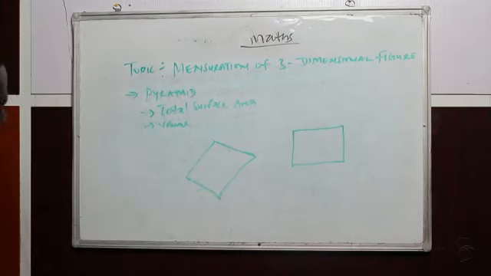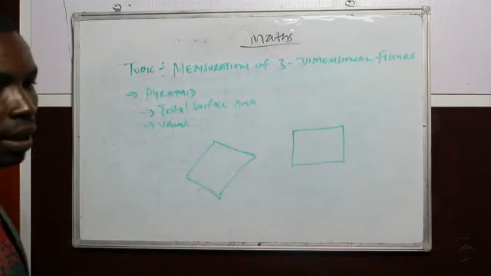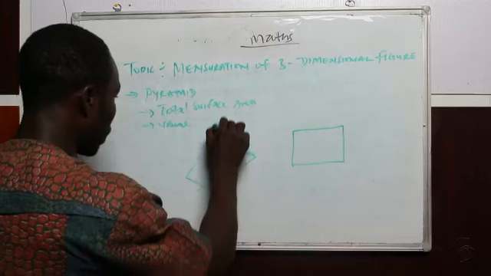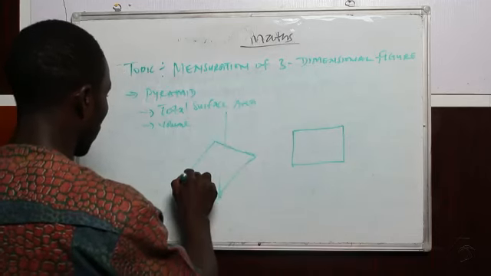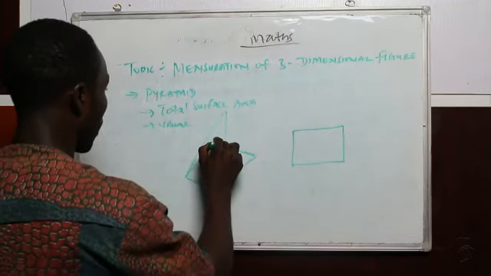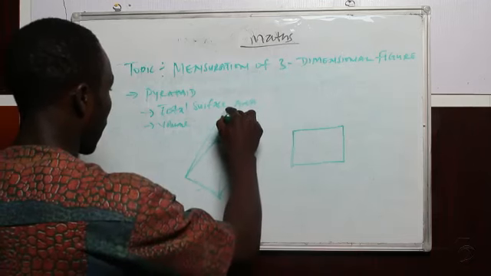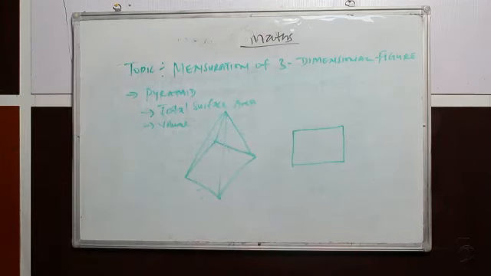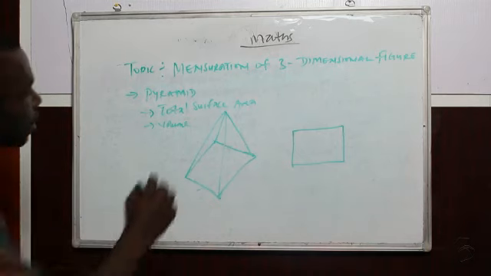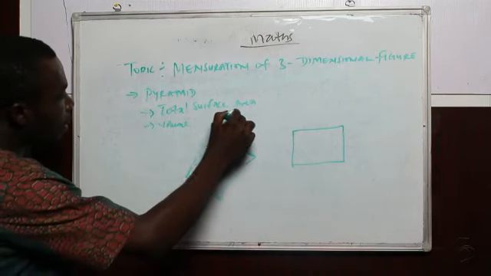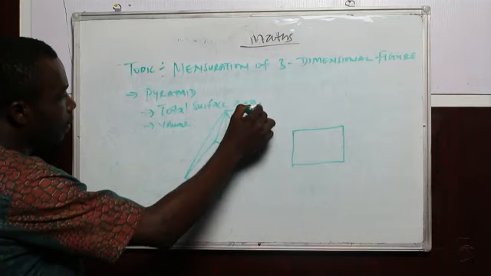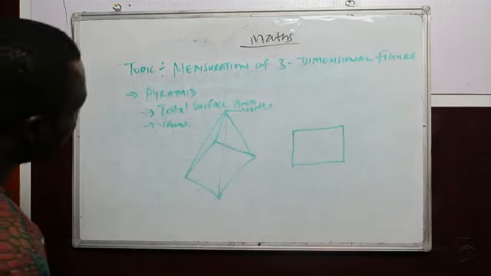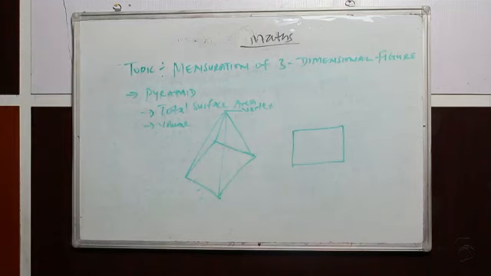Now, this is a square base. Now, we want to draw the pyramid as it moves. Good. You can see now this is a pyramid. They meet at this vertex here. This is a square base pyramid.